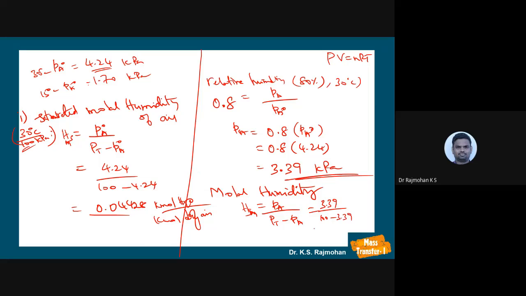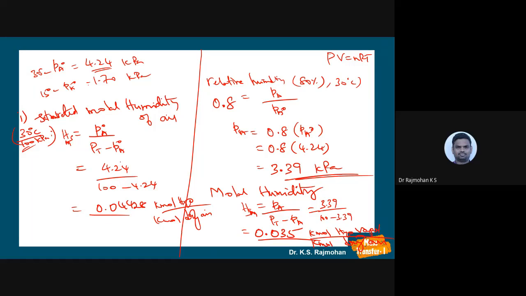That gives 0.035 kilomoles of water vapor per kilomoles of dry air.